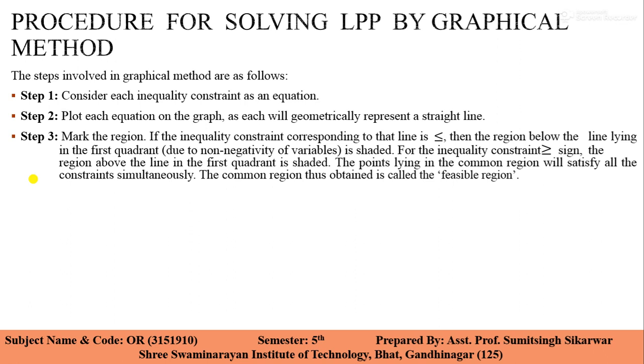For inequality constraints with greater than sign, the region above the line in first quadrant is shaded. The points lying in the common region will satisfy all the constraints simultaneously, and the common region thus obtained is called a feasible region.